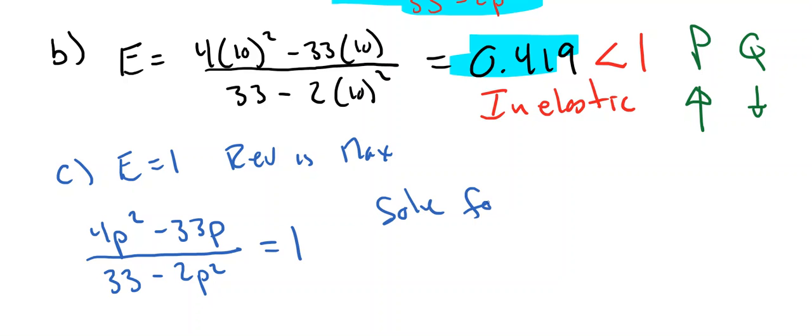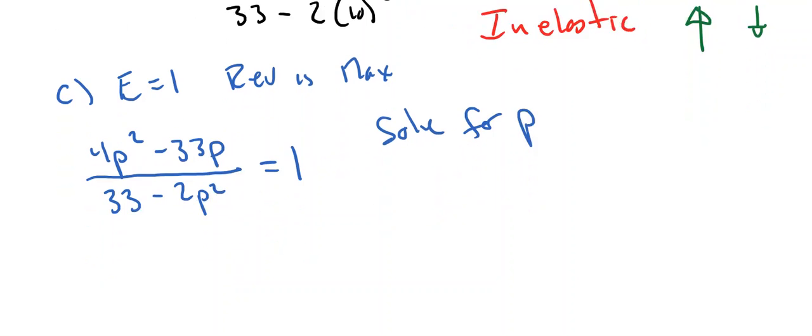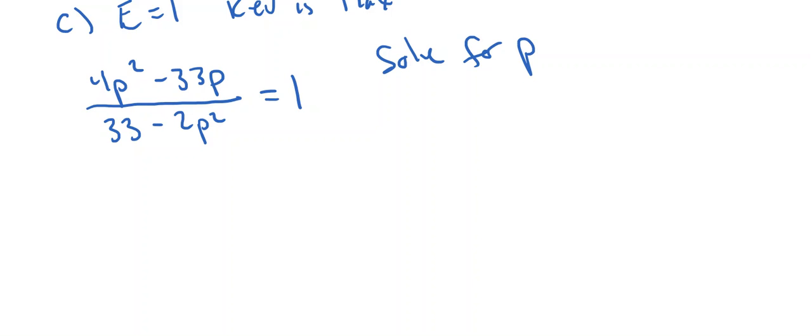Solve for p. And this will give us the price where elasticity is equal to 1, which is where revenue is maximized. To do this, we will have to cross multiply: 4p squared minus 33p equals 33 minus 2p squared.